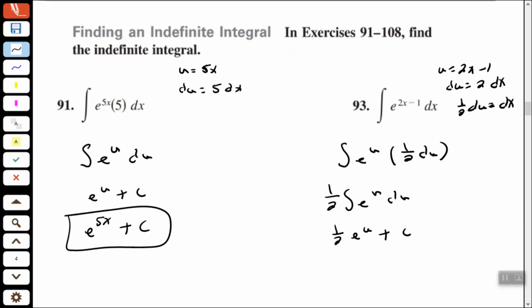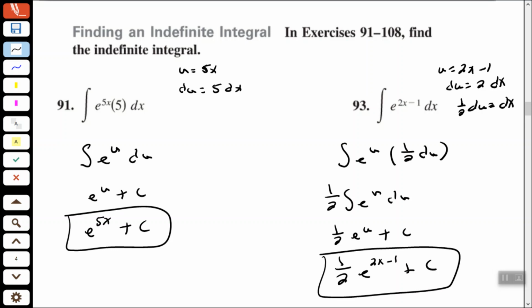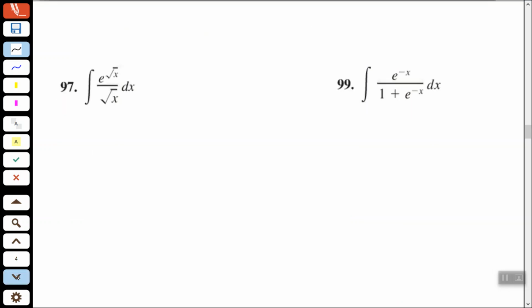And we know that u is equal to 2x minus 1.